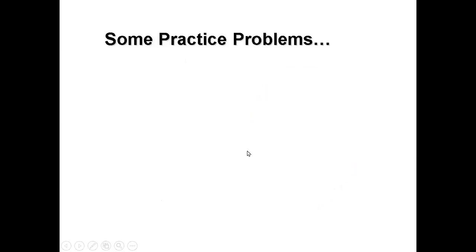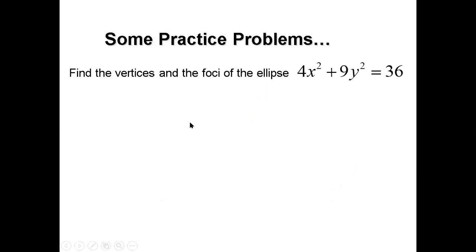Let's try to illustrate some practice problems. Find the vertices and the foci of the ellipse 4x squared plus 9y squared equals 36. How are you going to solve for that? First, write in standard form. Take note that for our standard form the right side should be equal to 1.